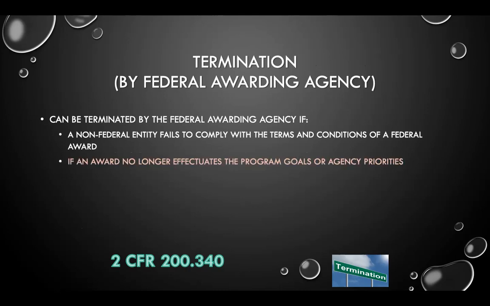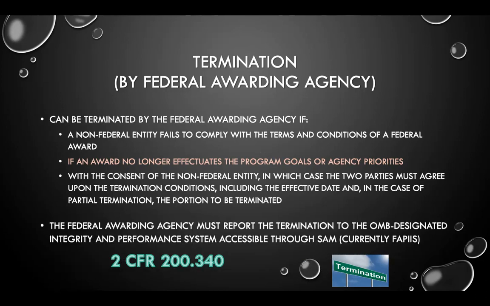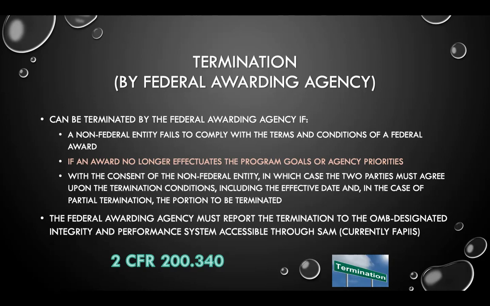It can also be terminated if an award no longer effectuates the program goals or agency priorities, or with the consent of the non-federal entity, in which case the two parties must agree upon the termination conditions, including the effective date and, in the case of partial termination, the portion to be terminated. The federal awarding agency must report the termination to the OMB-designated Integrity and Performance System, accessible through SAM. Currently, it's FAPIIS.